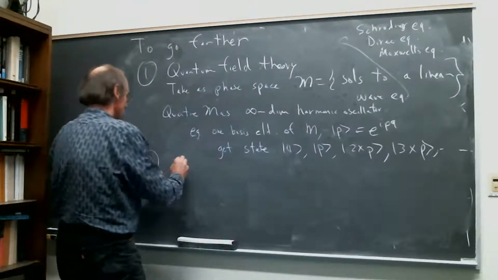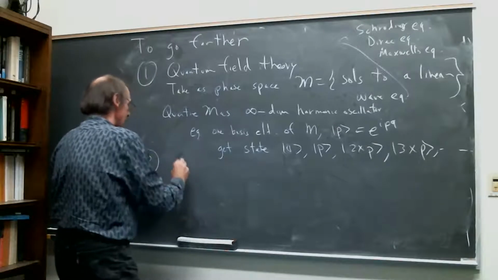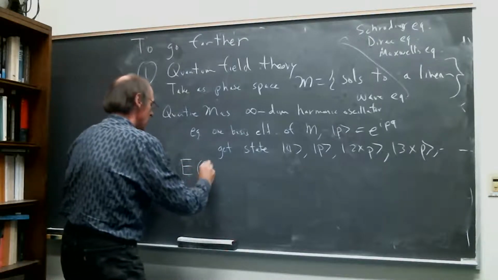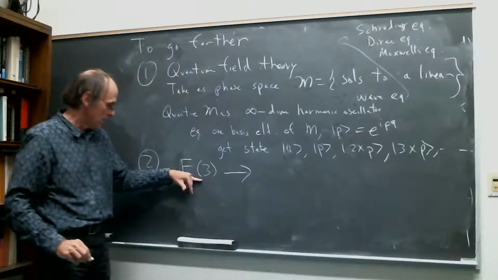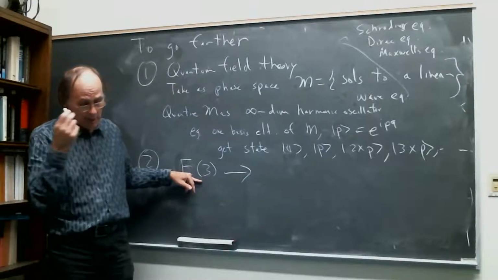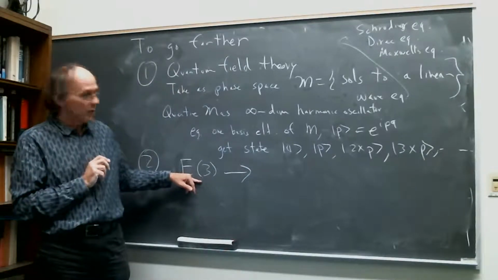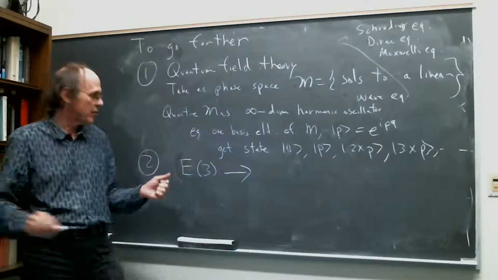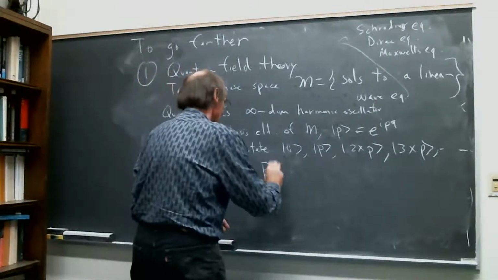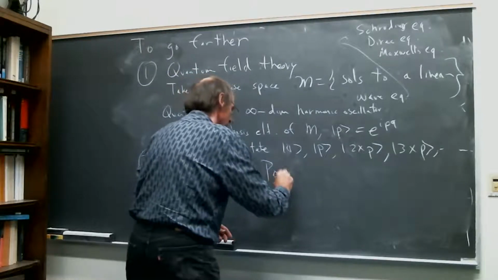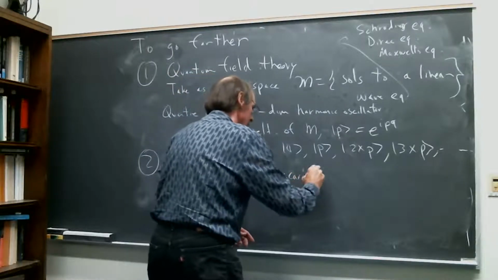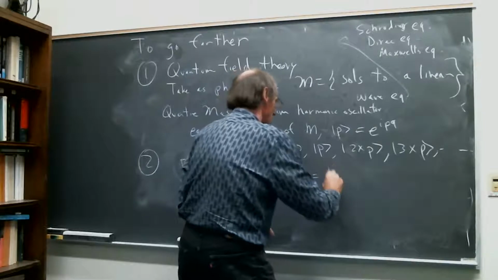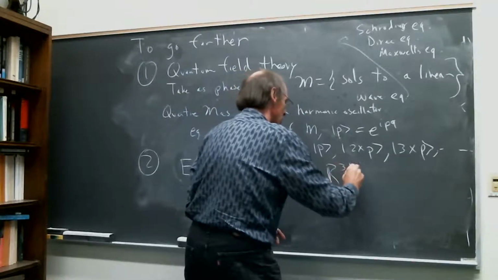The next generalization is, take E(3), which is the non-relativistic symmetry, and you make a bigger space-time symmetry, which is the Poincaré group, R^{3,1}.